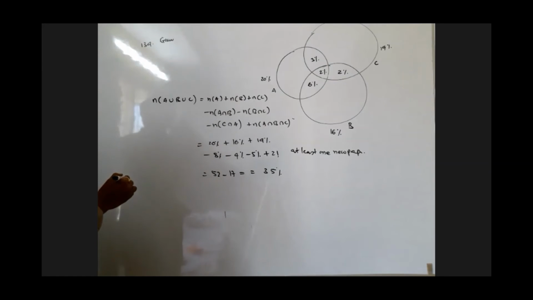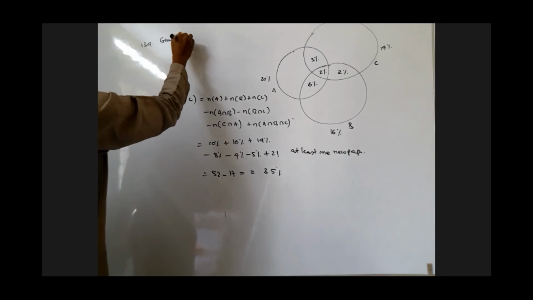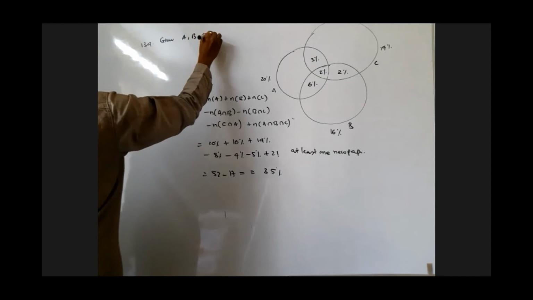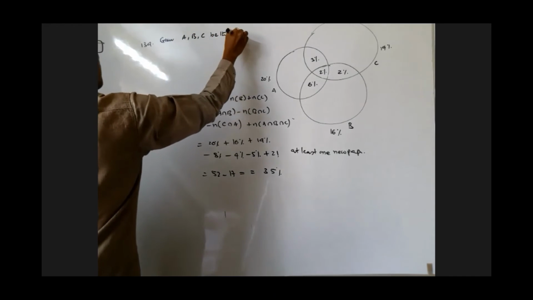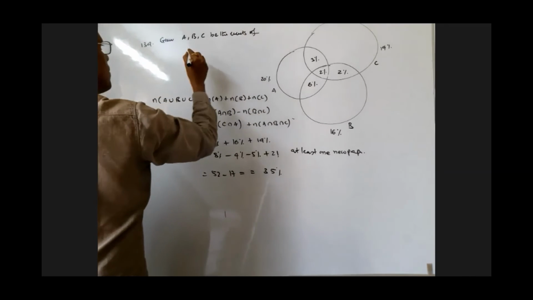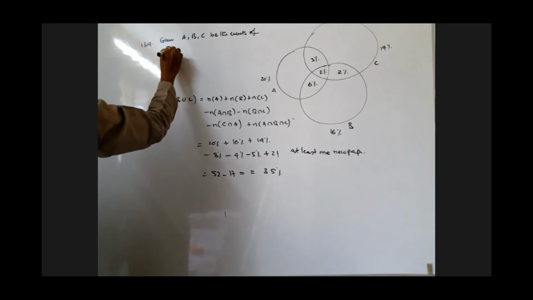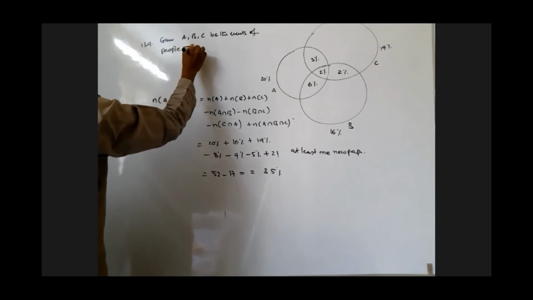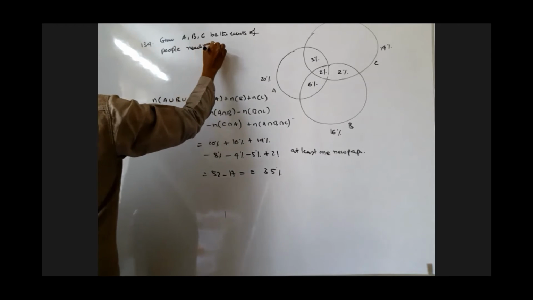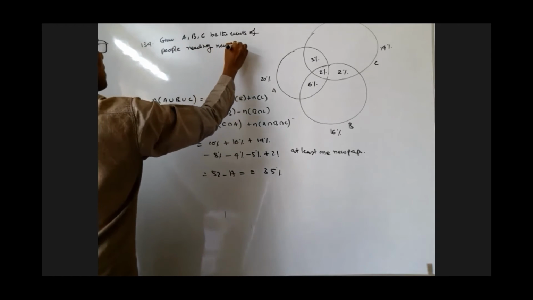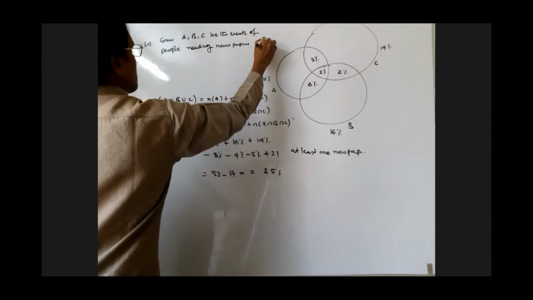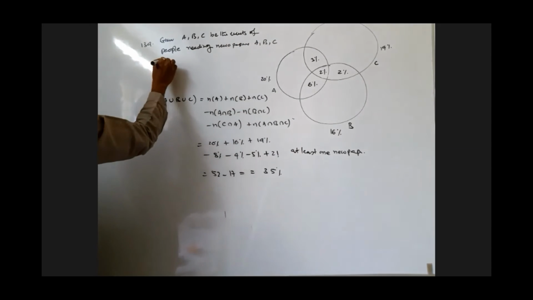Given: let A, B, C be the events of people reading newspapers A, B, C respectively.